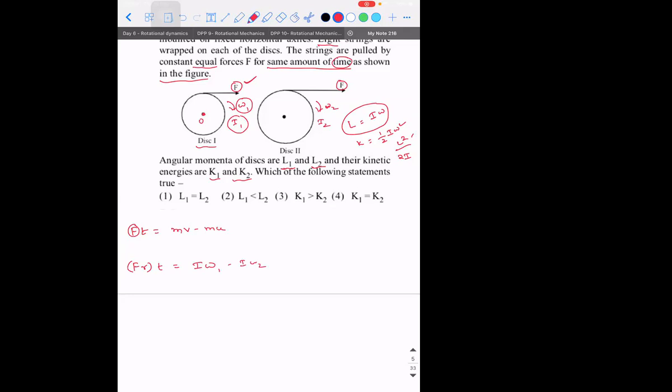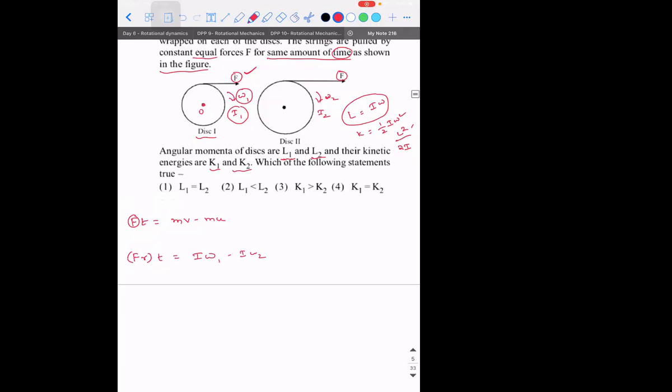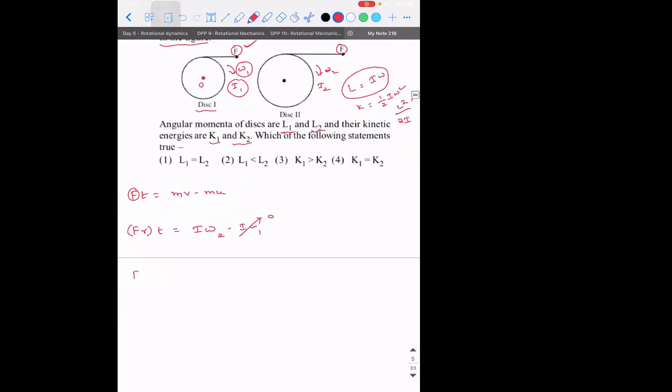Here I'm not changing I because I'm talking about the same object. Correct? So I omega 1 in this case is 0. So the angular impulse F into R into t is equal to I omega 2, is what I'm writing.